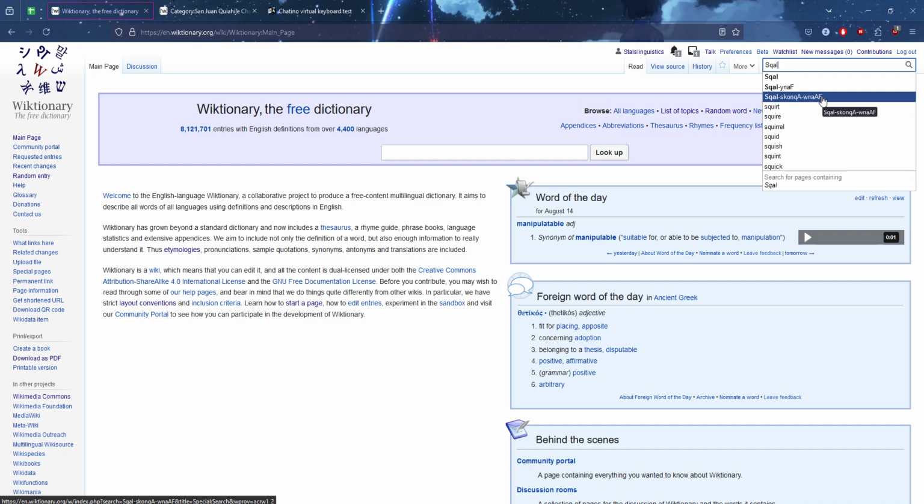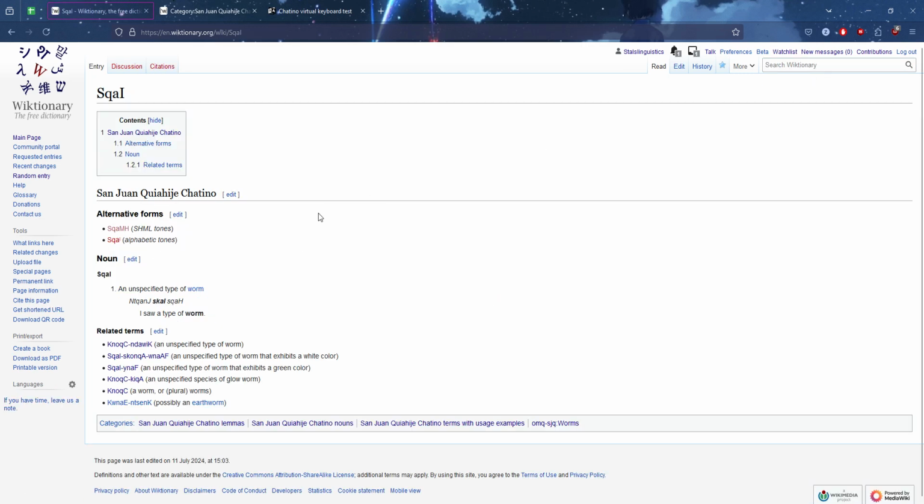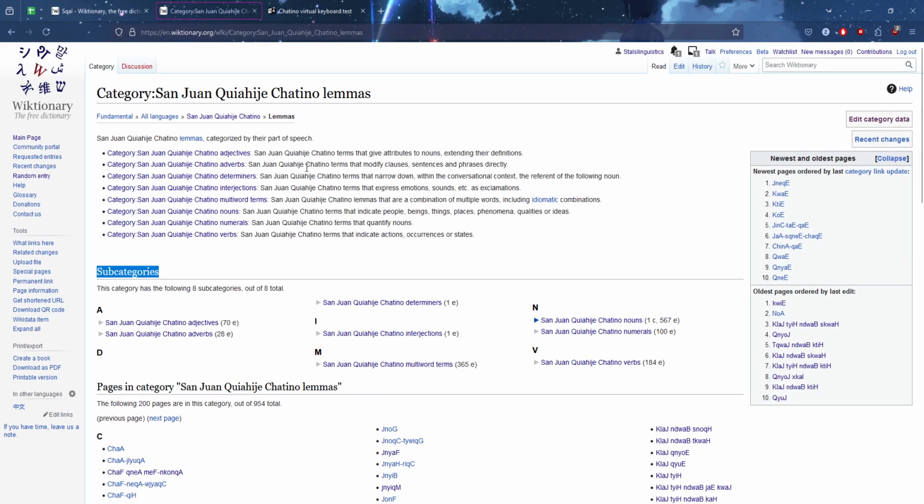And it could also be SJQ Chatino. So we're going to go ahead and click on this, and then you'll see we're back on the same page that we had been on previously. This is essentially how you navigate through Wiktionary as well as the San Juan Quiahije Chatino page.